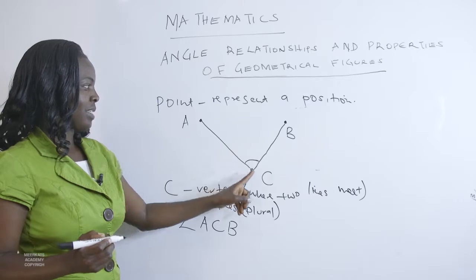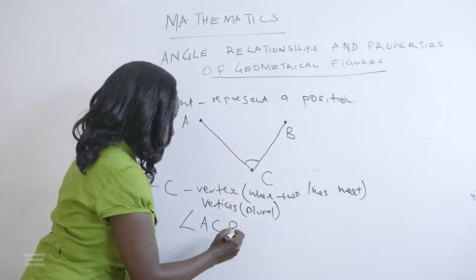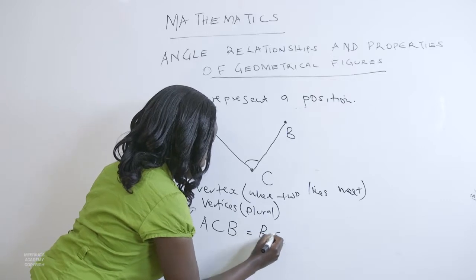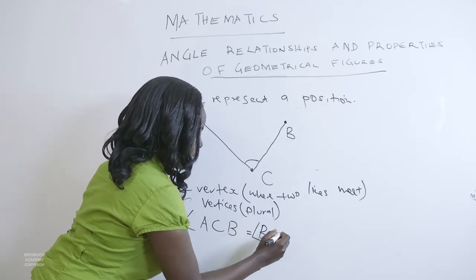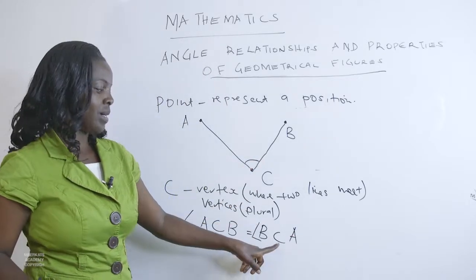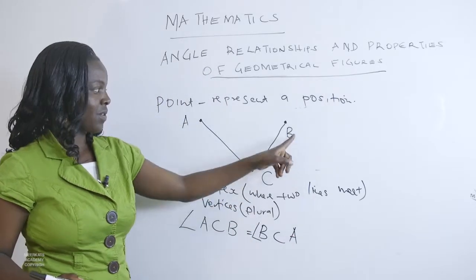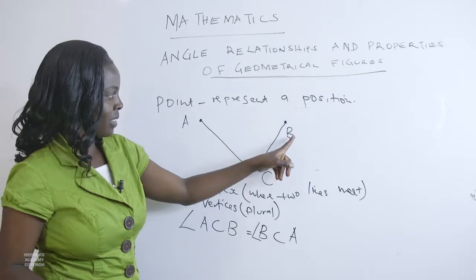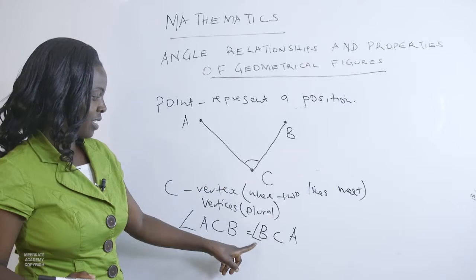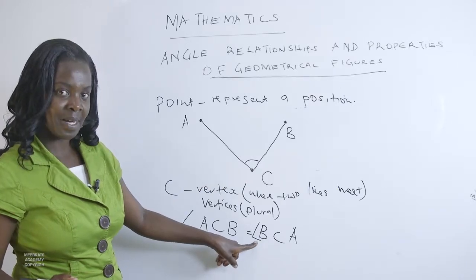So we call it angle ACB, or it can also be called angle BCA. If we start from this point, we'll call it angle BCA. Angle is represented by this sign here.